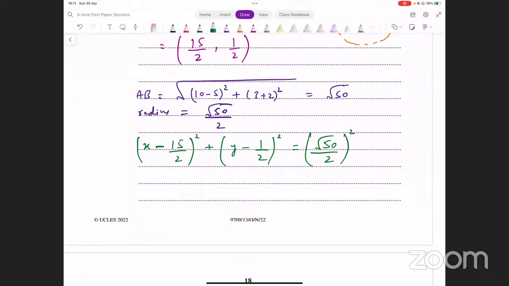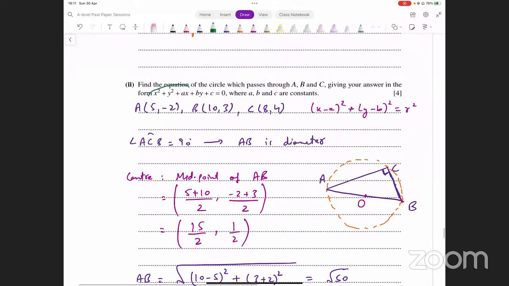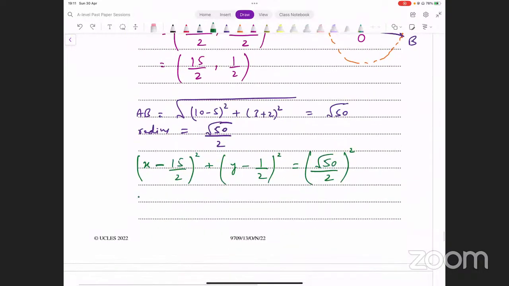Let's see what we get from this. उसको सिंप्लीफाई कर लें। उसने कहा हुआ है कि आपने इस फॉर्म में आंसर देना है, तो उसको सिंप्लीफाई करना पड़ेगा अनफॉर्चुनेटली। सो लेट्स डू दैट। x squared minus 2 into x into 15/2, that's going to give you 15x, plus 15/2 ka whole squared, that is 225/4, plus y squared minus 2 into y into 1/2, that's going to be y, plus 1/2 ka square, that's 1/4.